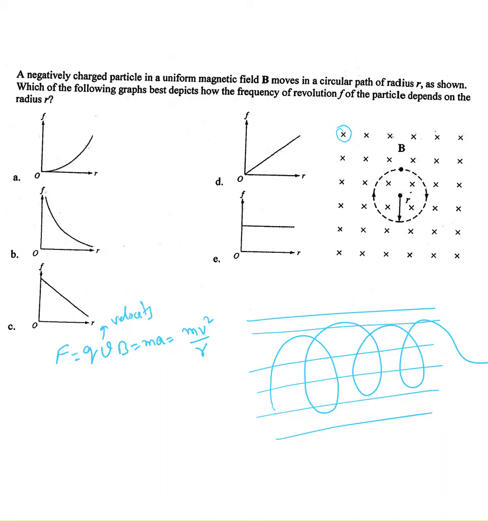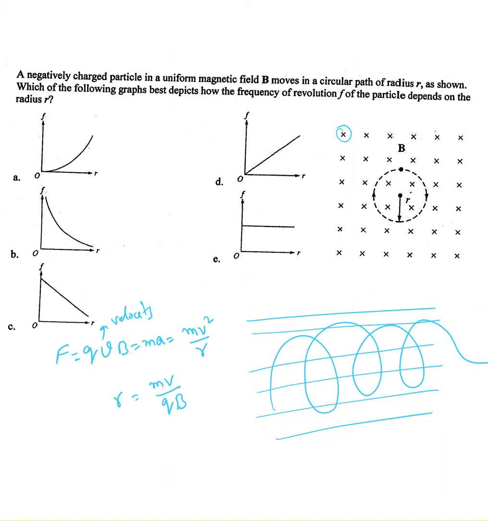If I combine these two equations, the radius r equals mv over qB. That's the radius. So if I have more velocity, more radius. So radius and velocity are related.